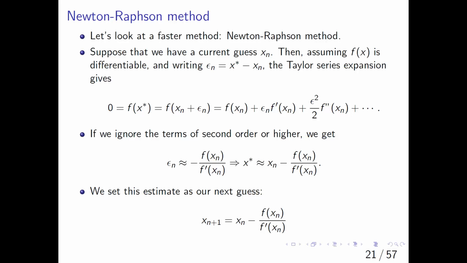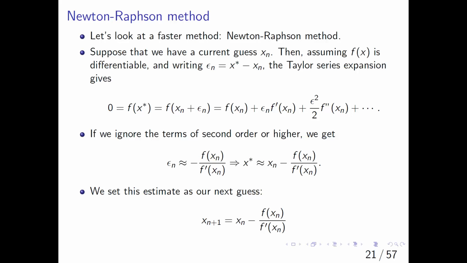Here we assume that f(x) is differentiable, and we write epsilon n equals x star minus xn. Here x star is the true solution. We don't know the true solution yet, but let's just use this notation. We use epsilon n to describe the current error of xn, our current step n approximation.